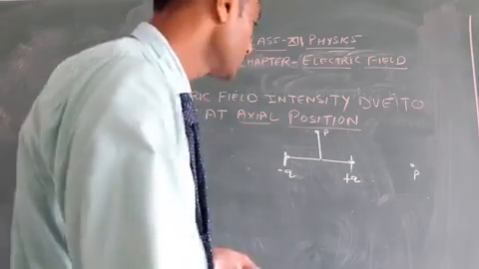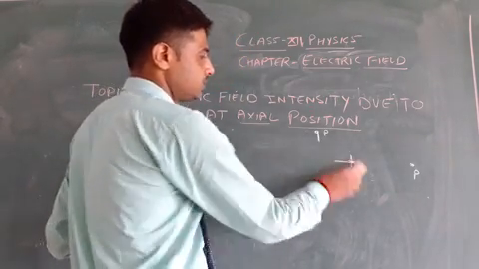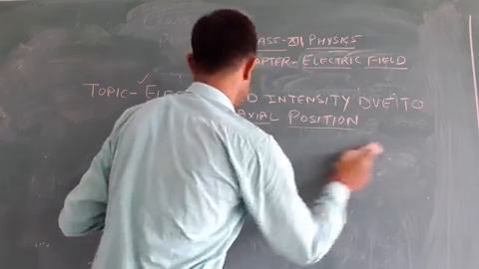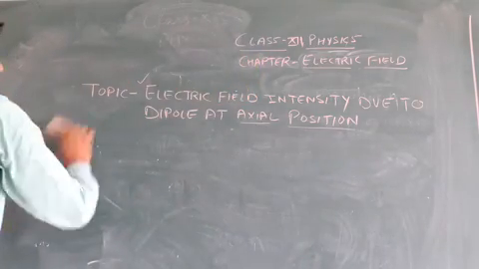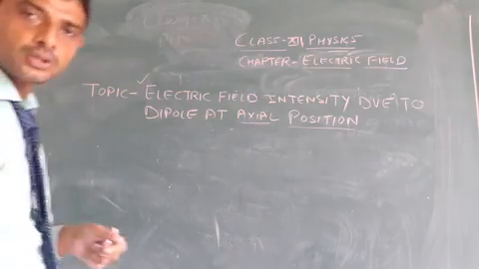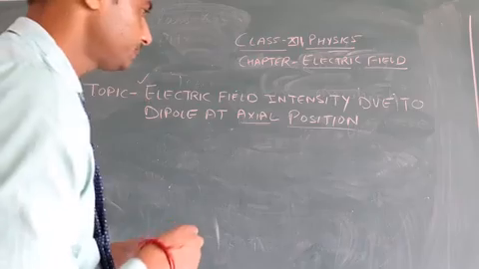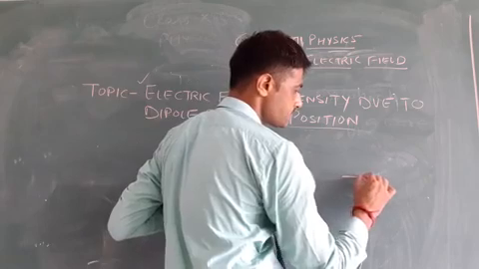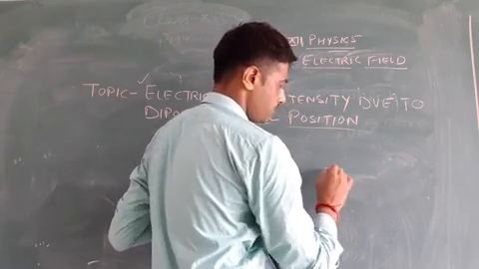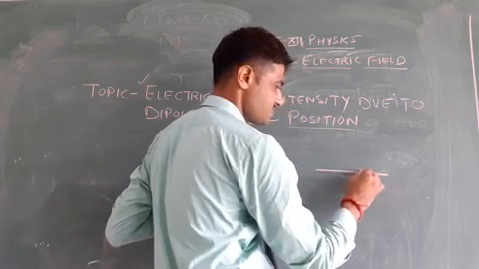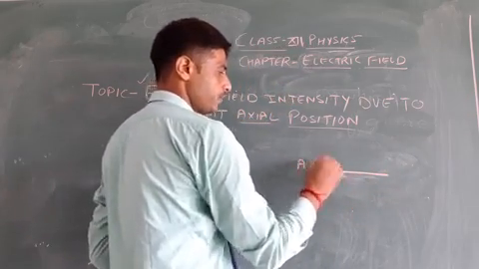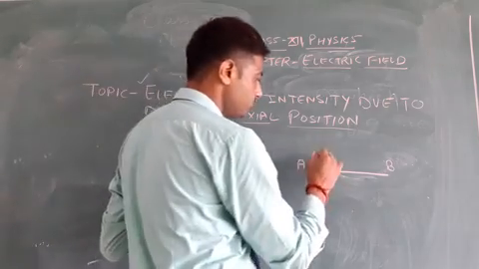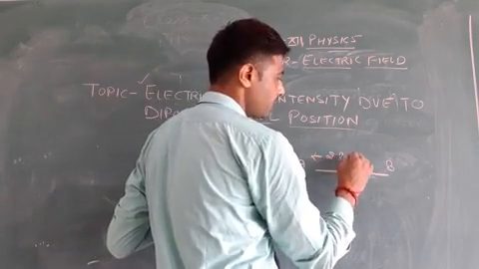First of all, I am going to find the direction for the axial position. Let this be a dipole AB, and the length of this dipole is 2L.